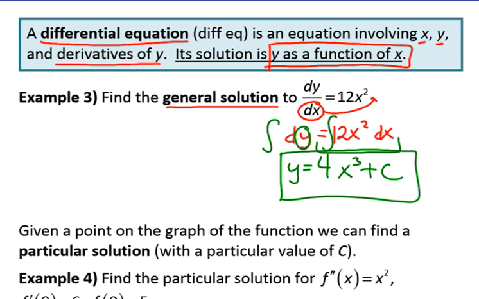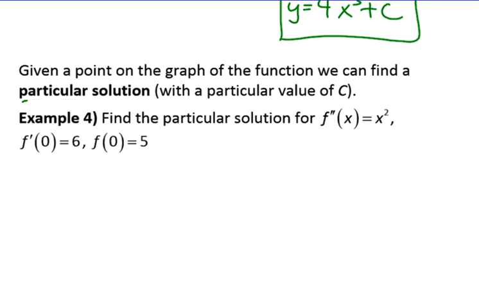So now, what if I were to ask you for a particular solution? So that means for a particular value of c. The only difference here is that we're going to give you some points that you can plug in for c. And we're going to go ahead and start off with kind of a more complicated one, but I think you can handle it.